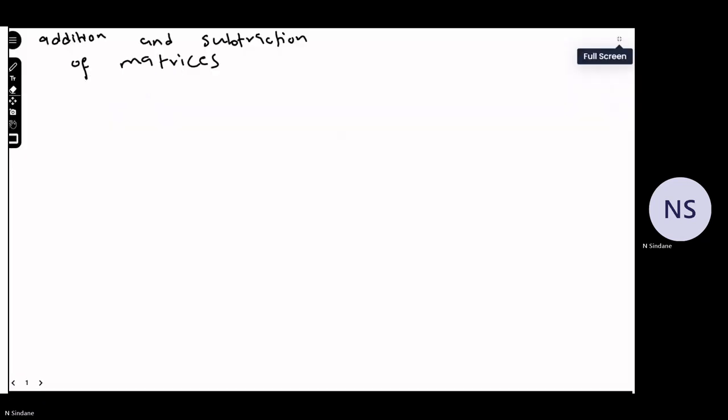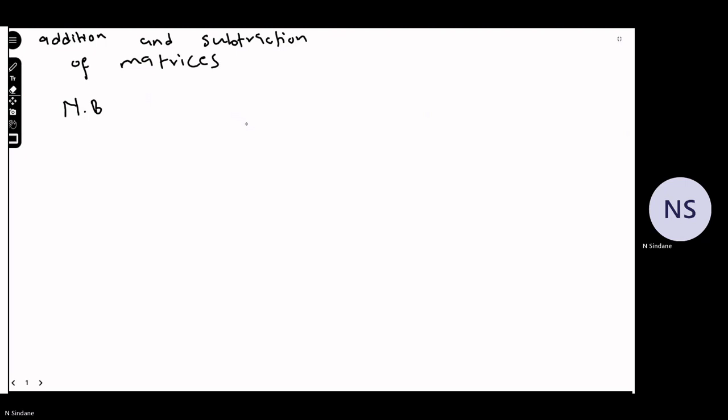A very important thing to note is that you can only add and subtract matrices of the same array, or matrices of an equal array. What does that mean?